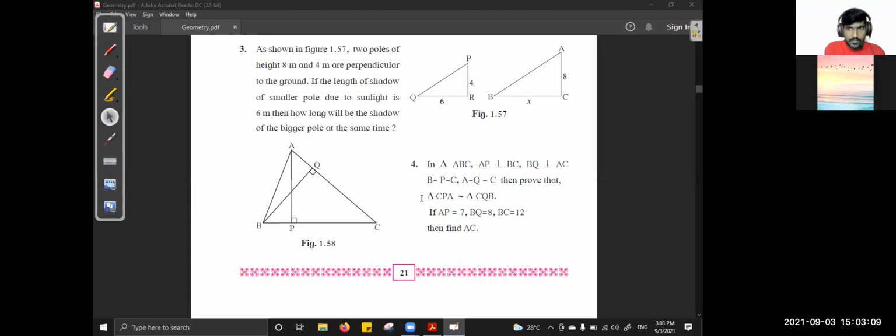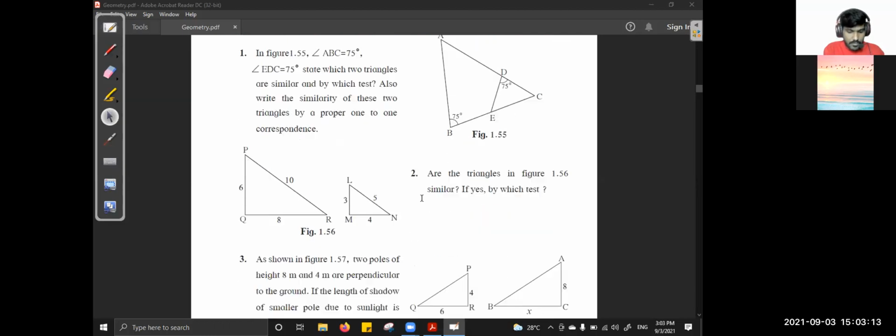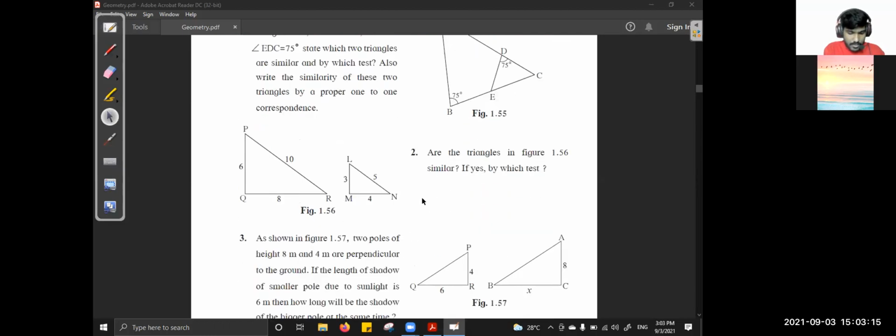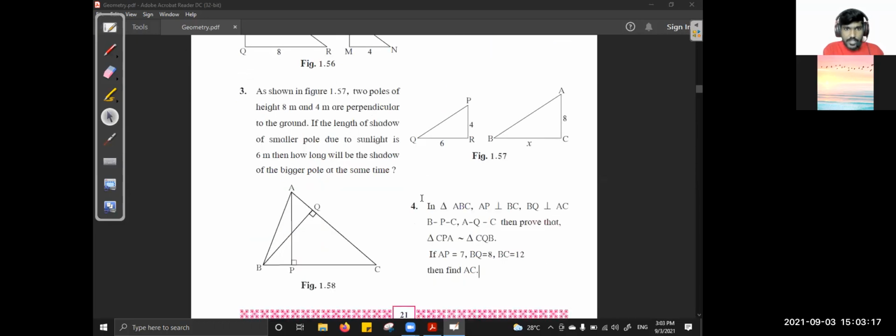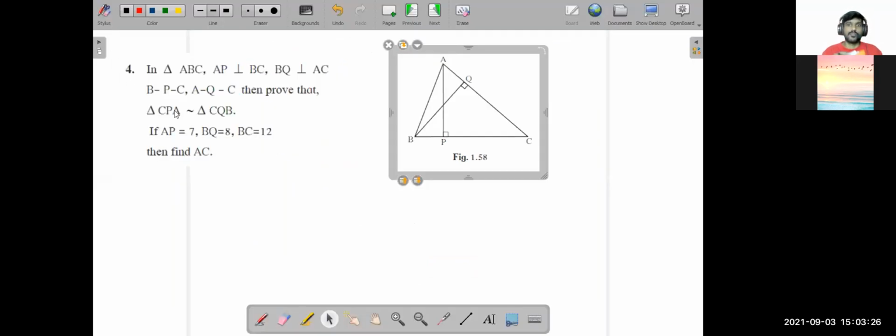Is this same because of alternate angles? The question we're doing? Where can you see alternate angles? No, they're not. Then what is Q and P? How are they equal to each other? By something, right? Interior angles or something. Q and P. They are 90 degrees.